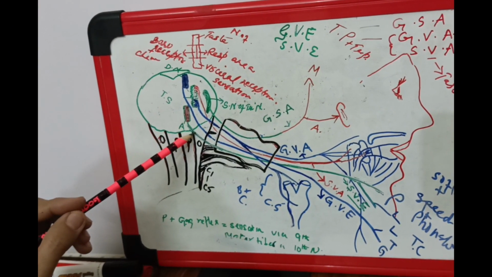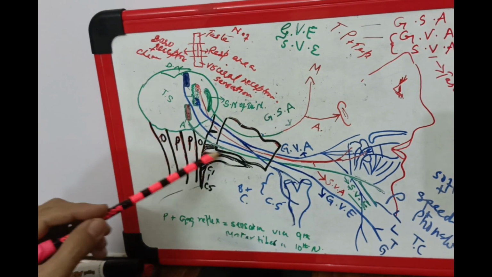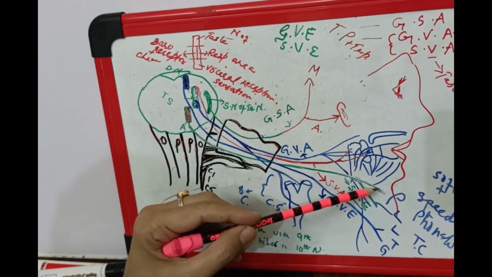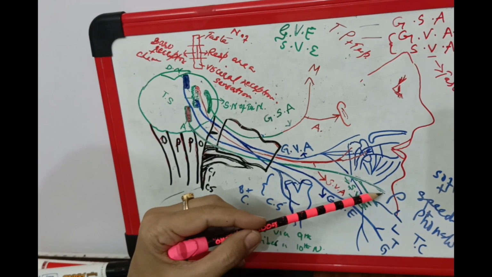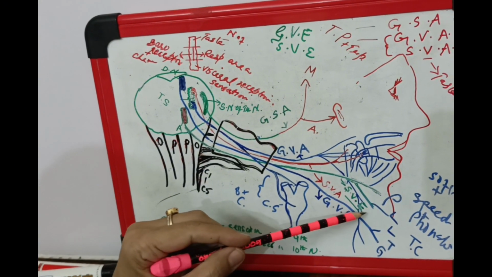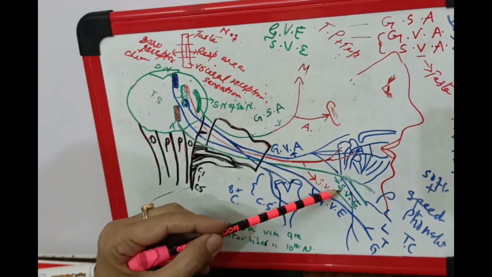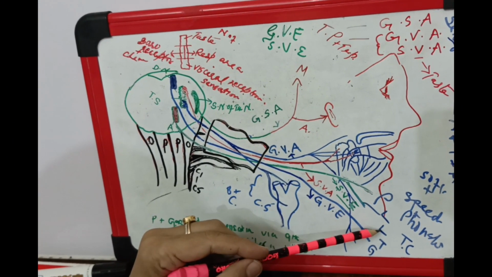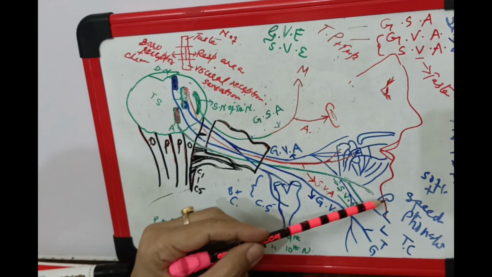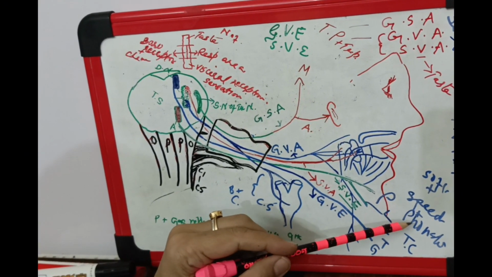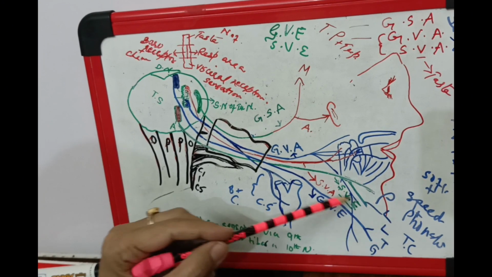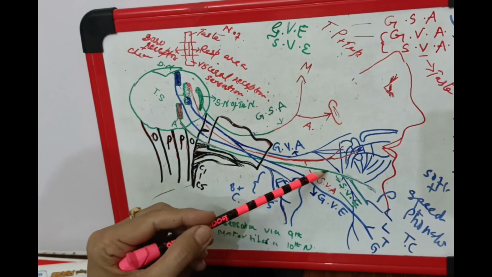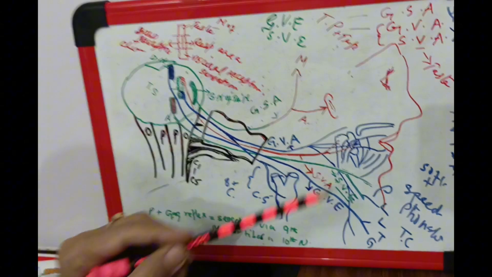From here, the special visceral efferent fibers, shown in the green color, are supposed to reach towards the palate, larynx and pharynx. And why are they called special visceral? Because these organs have got musculature that are supposed to produce the speech and, I would say, phonation. So they carry the special visceral efferent fibers as a functional component, right?